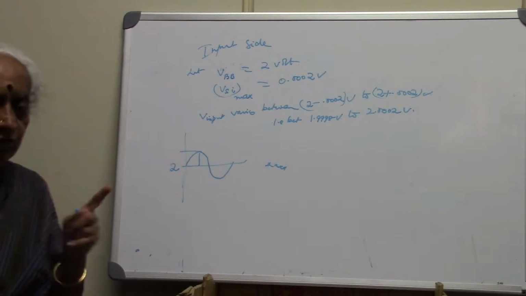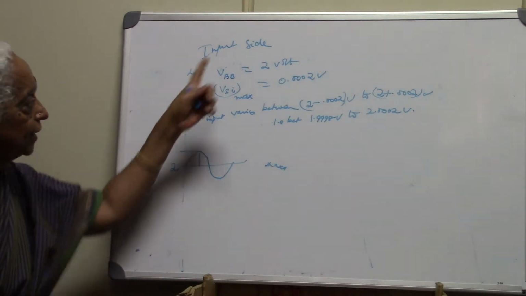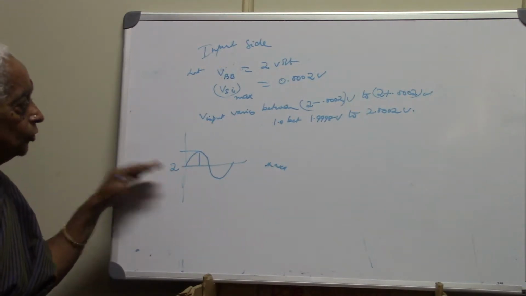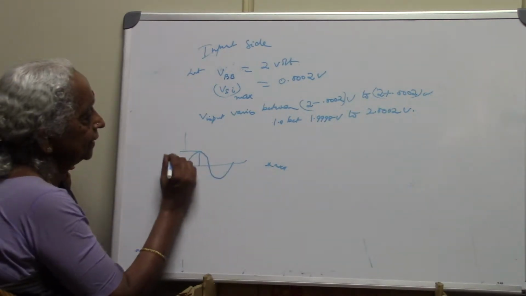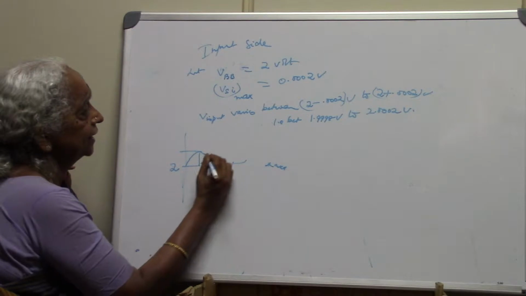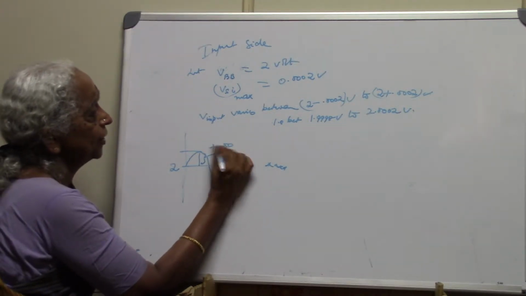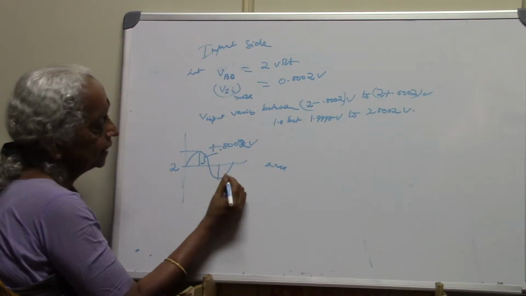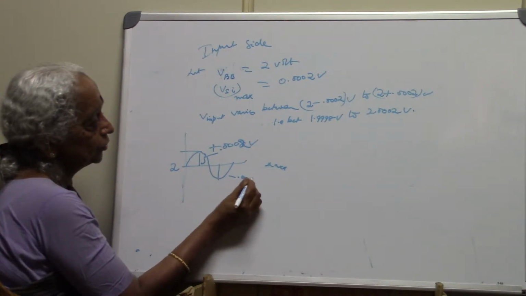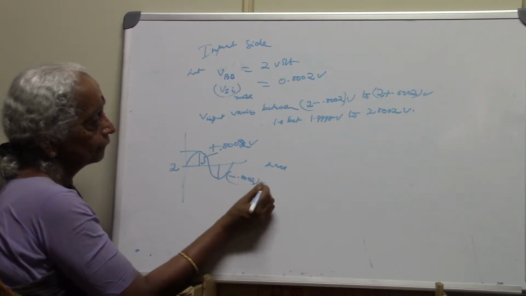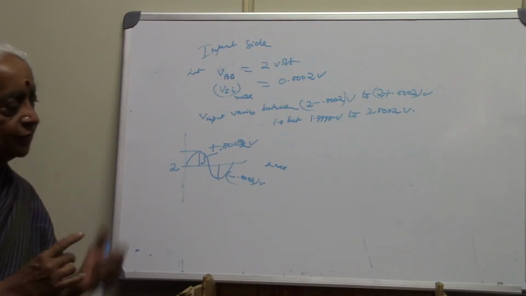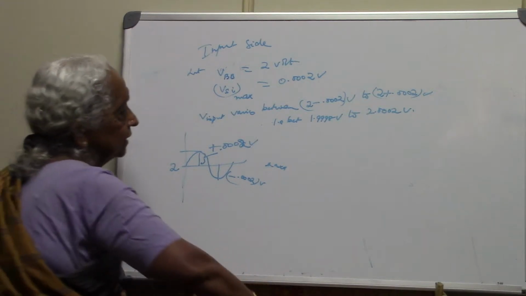We do not take the 0 line as the mean line, but the VBB that we have assigned as the mean line. With respect to 2, the positive half will be like this, such that this region is plus 0.0002 volt, and this will be minus 0.0002 volt. Now we have to convince ourselves that the variation is going to come like this.